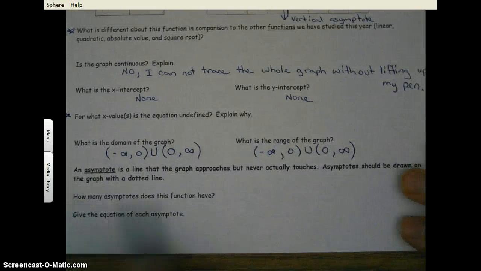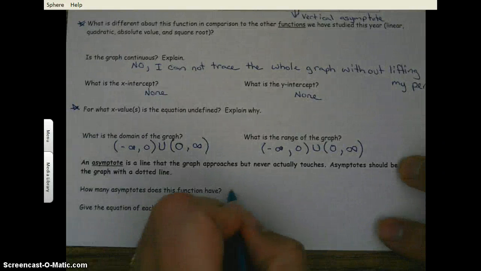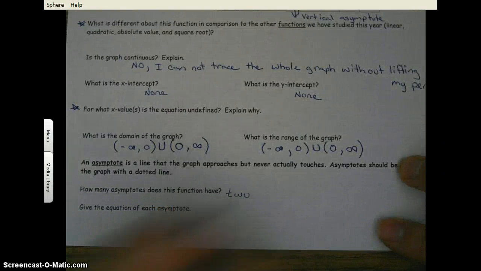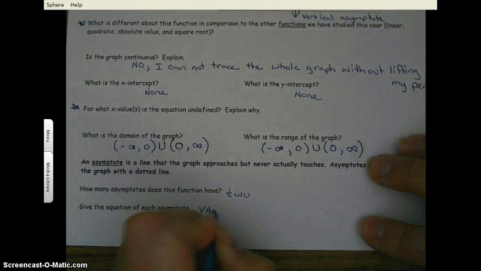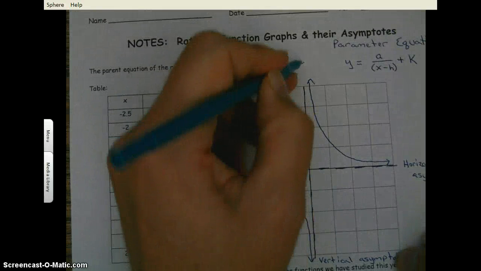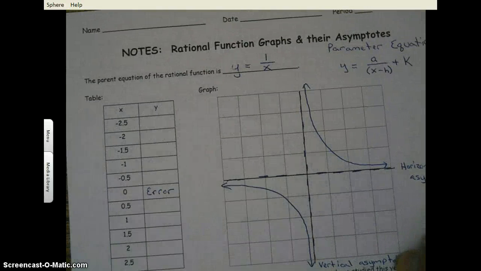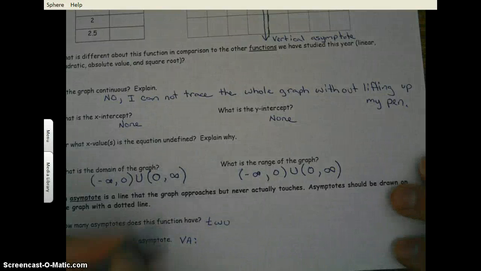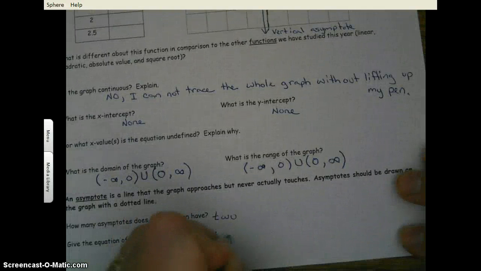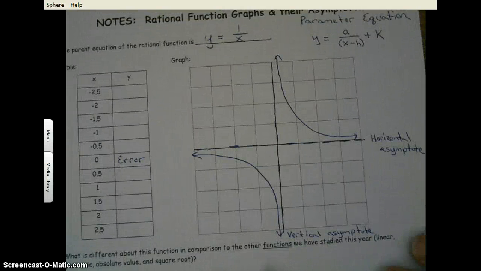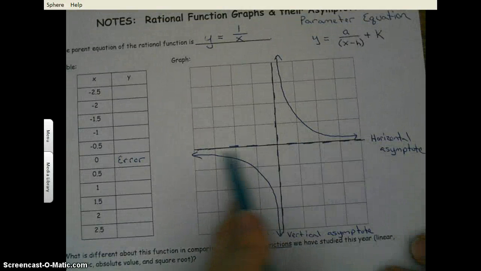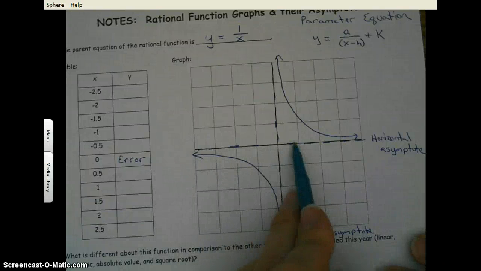How many asymptotes does this function have? Obviously 2. Give the equation for each. Let's start off with our vertical asymptote. Lines that go up and down start off with what? Do you remember? X equals 0. All other lines start off with y. So this one's going to be y equals 0.